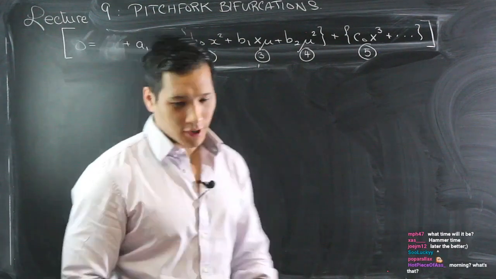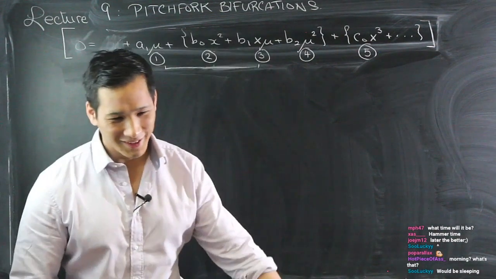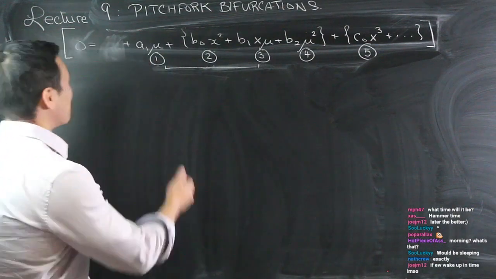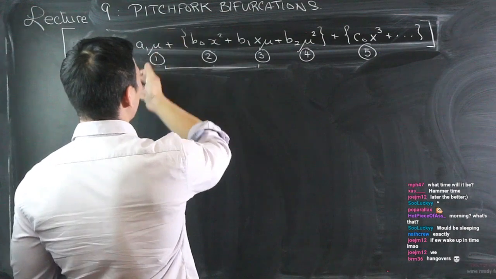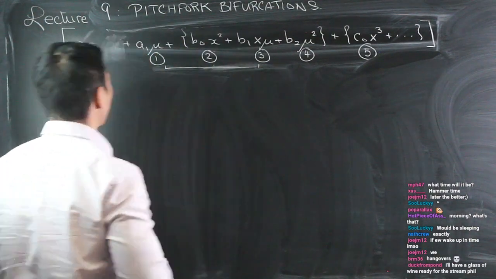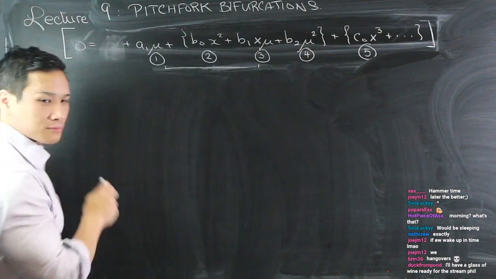Okay, so let's recap. We wanted to do the balance now, assuming that A1 wasn't there and assuming that B0 isn't there. So this is your case A3.